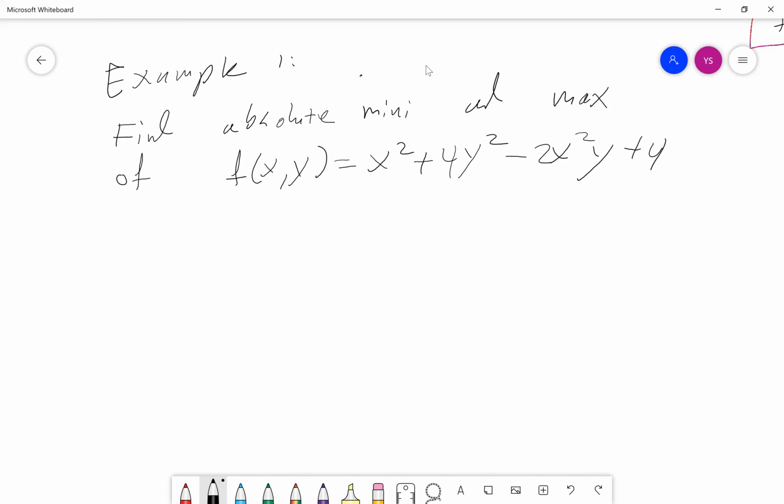On the rectangle, so on the domain, so here's my domain D, which is given by x being bounded by -1 and 1 and y being bounded by -1 and 1.